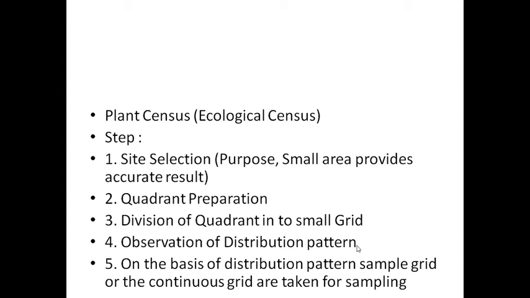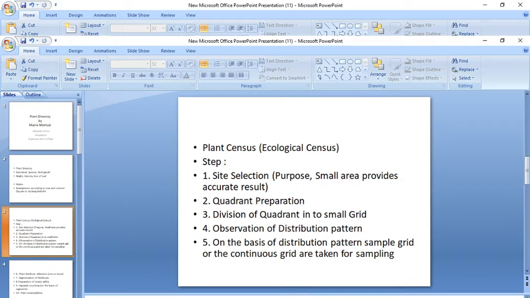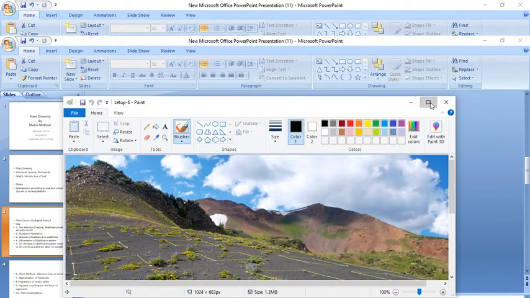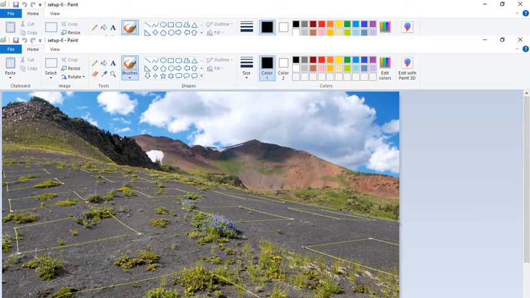What is observation of the distribution pattern? Go through this picture. This is the real picture. In reality, those are the square grids selected by the individual or the researcher to identify plant species diversity with the help of the matrix system. This is the real square grid.